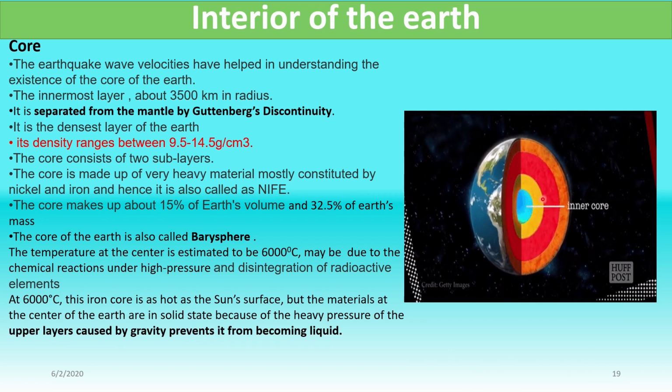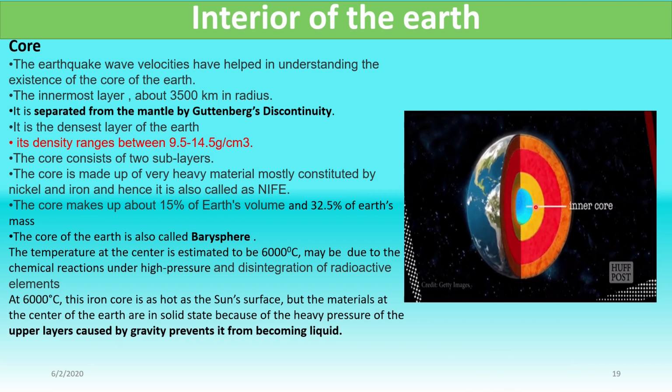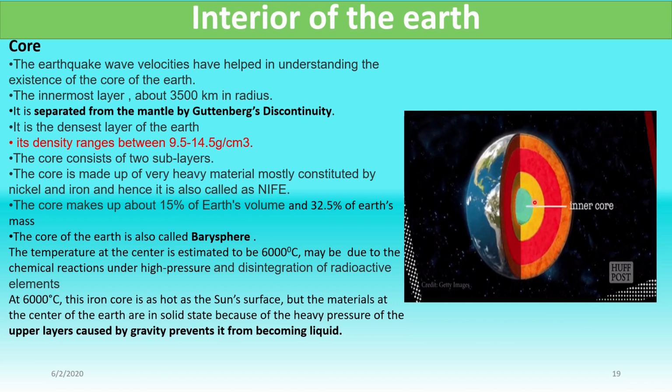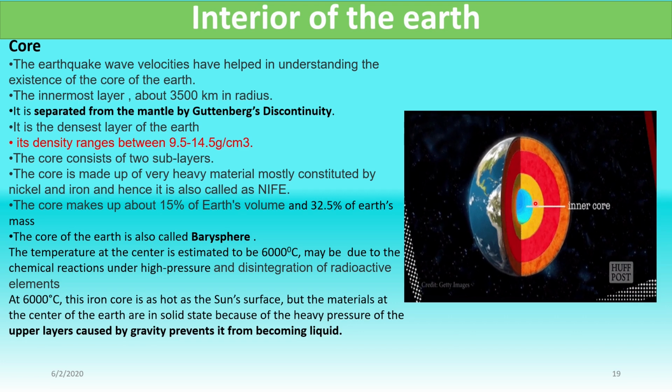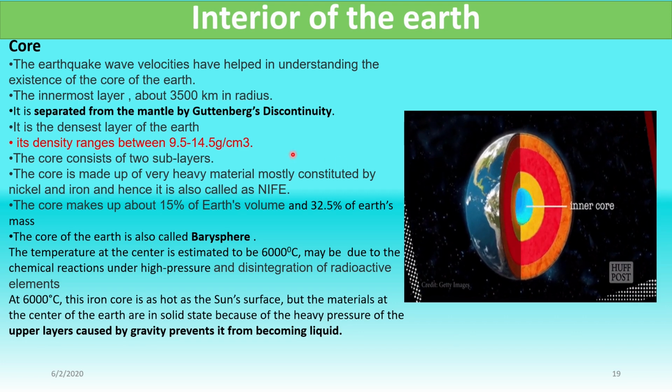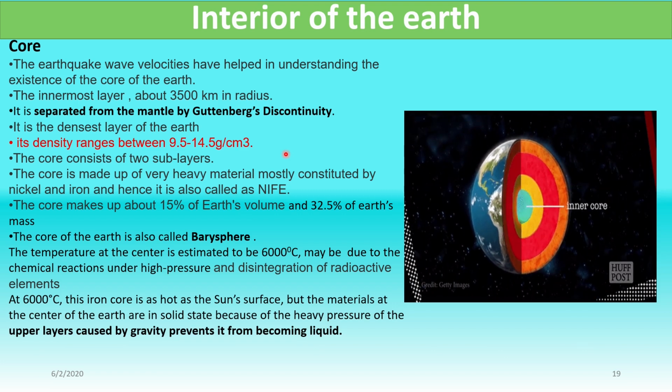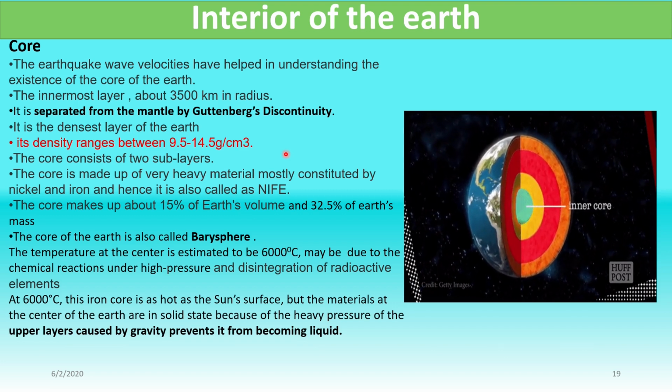It is the densest layer of the Earth. Its density ranges between 9.5 to 14.5 gram per centimeter cube, and sometimes it is written 15 gram per centimeter cube or 13 gram per centimeter cube.